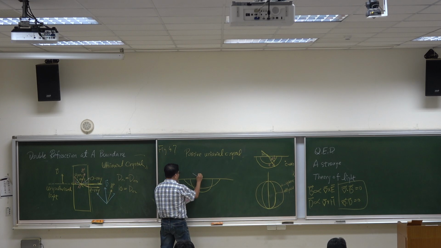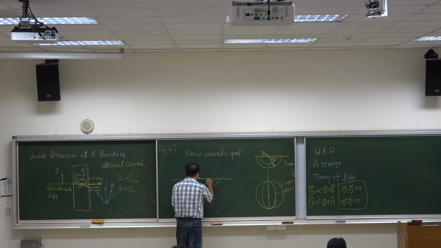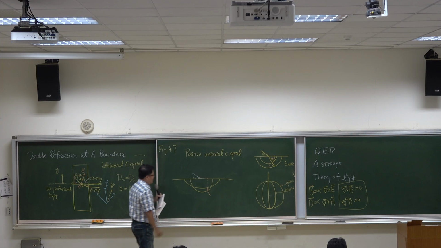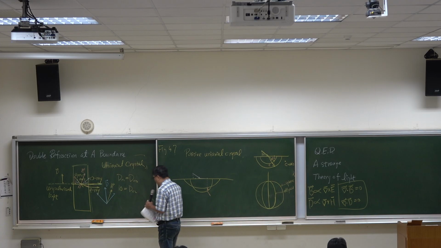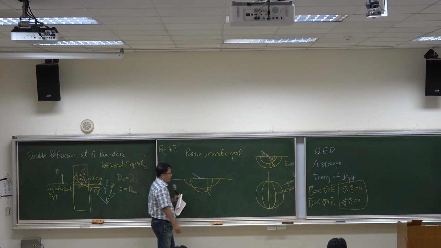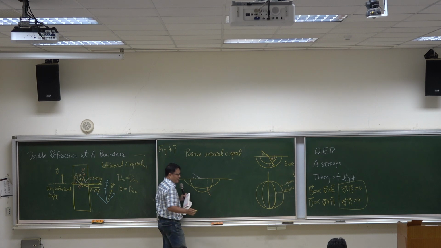Then you can still use the same method to find the corresponding refracted beam in biaxial crystal. However, what is most interesting about the biaxial crystal is this specific point.